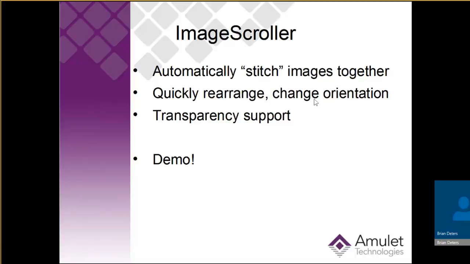Because we're doing that on the fly, we can rearrange those images and change from vertical to horizontal. That very quickly lets us do lots of iterations, with no code and no work on your side to make things work. And then there's the transparency support, which that particular widget didn't have before. It lets us do some cool stuff with it.